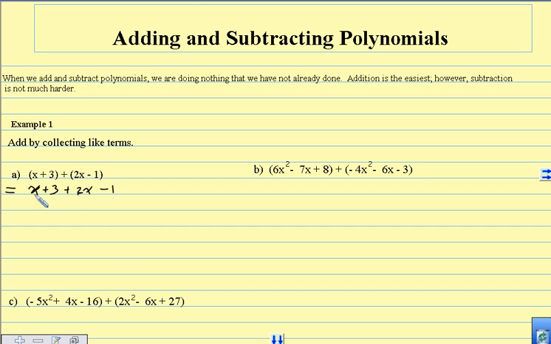Well, I have an x and a plus 2x, so this would become x plus 2x. And then I have a plus 3 and a minus 1.